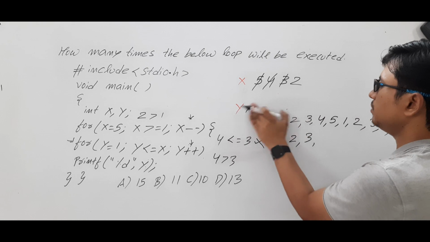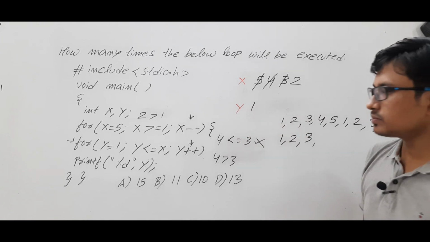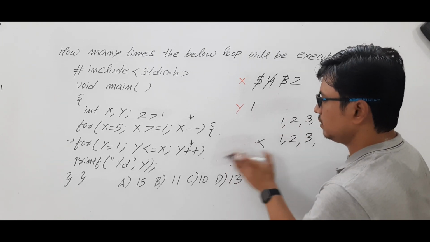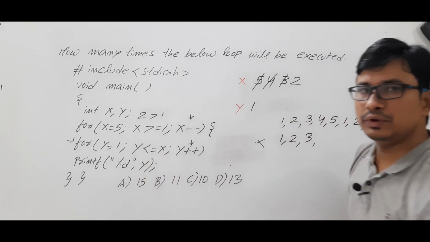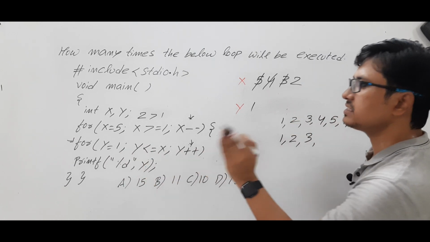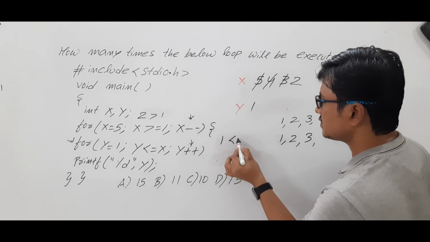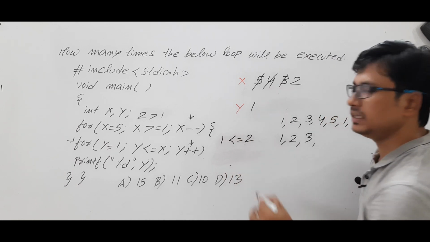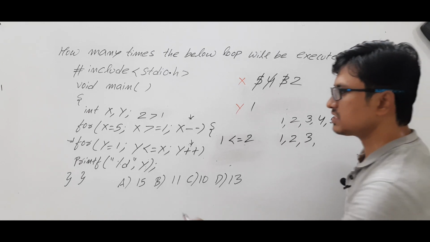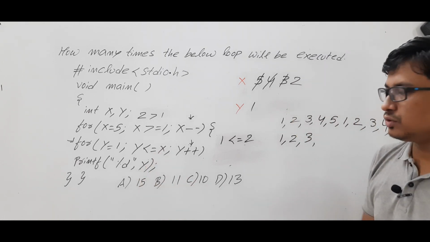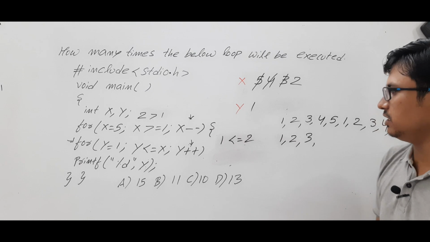So y value will become 1. Now look at this one. Once the initialization is done, you will check the condition. Y less than or equal to x. Y value is 1. Less than or equal to x value is 2. This condition is true.